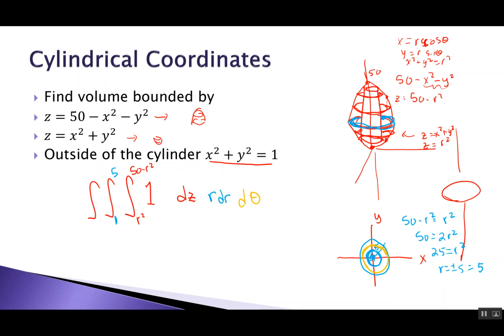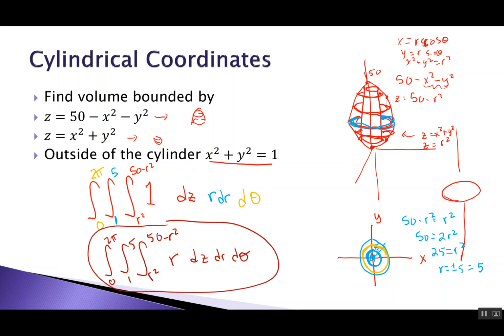It goes around the whole circle from 0 to 2 pi. There's my setup. And you can see it's not too bad to integrate, so I will not integrate it here. But I will rewrite it to make it look a little bit nicer. I'll move that r up in the middle, and I have dz, dr, d theta. Not too bad to integrate, so I won't take your time.